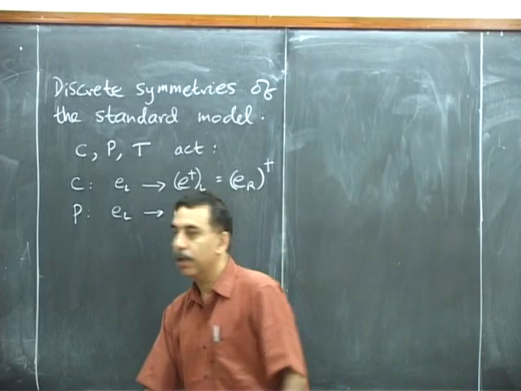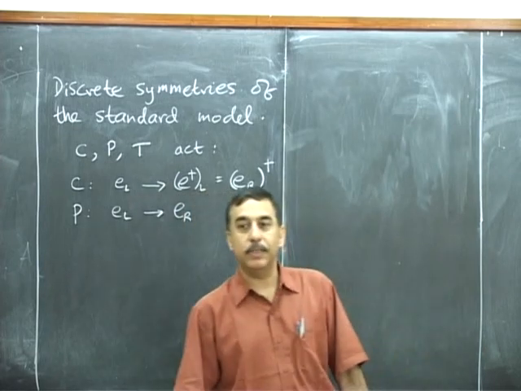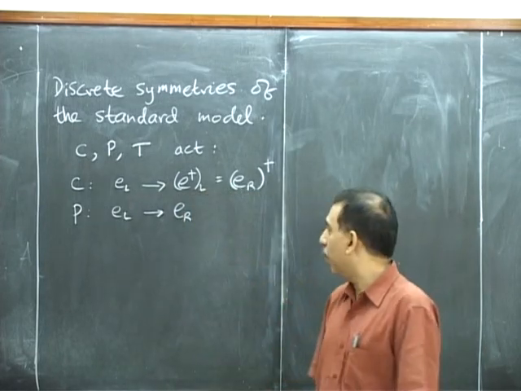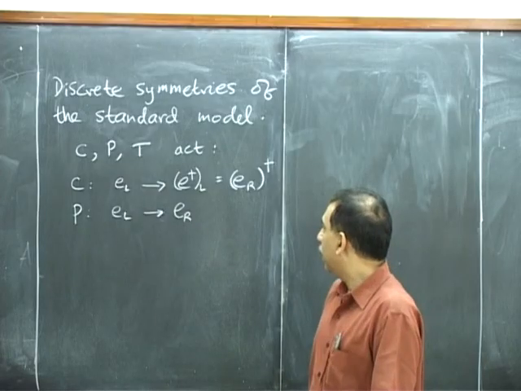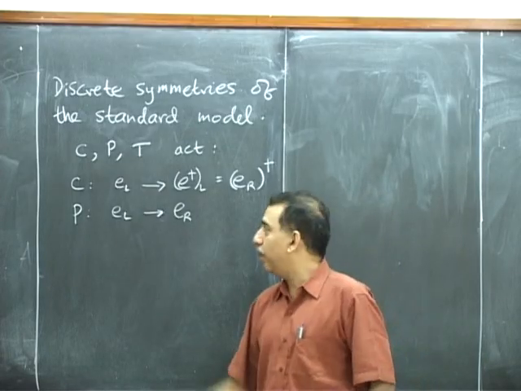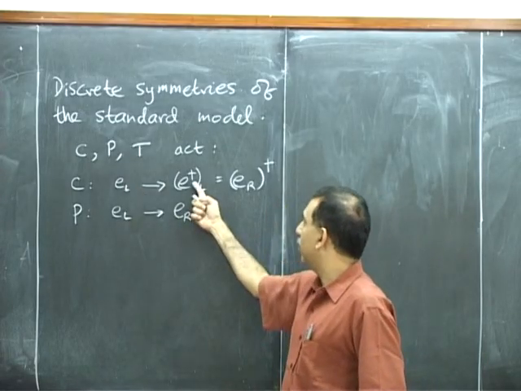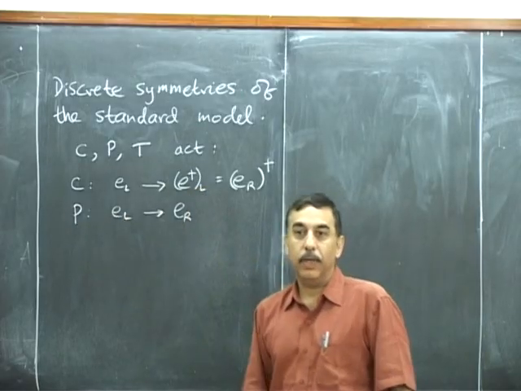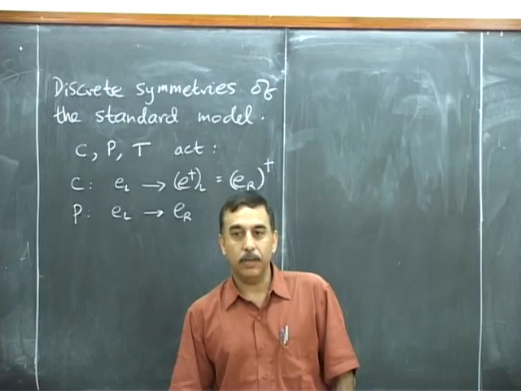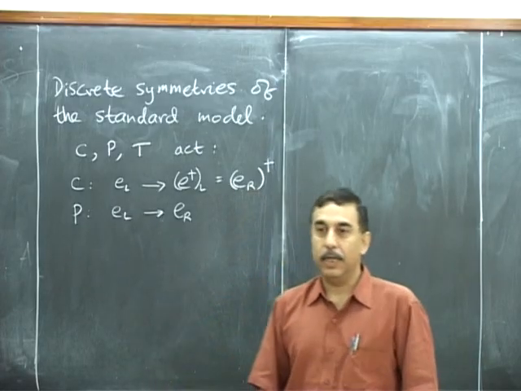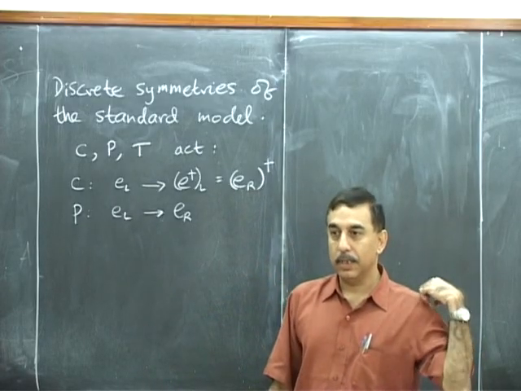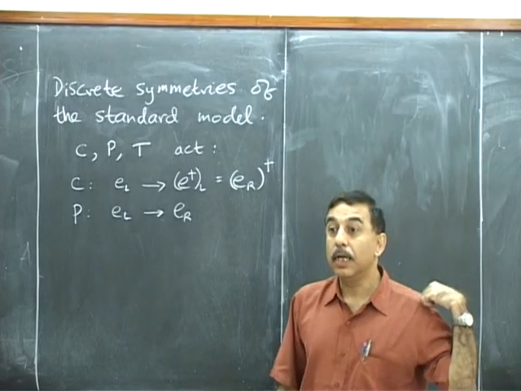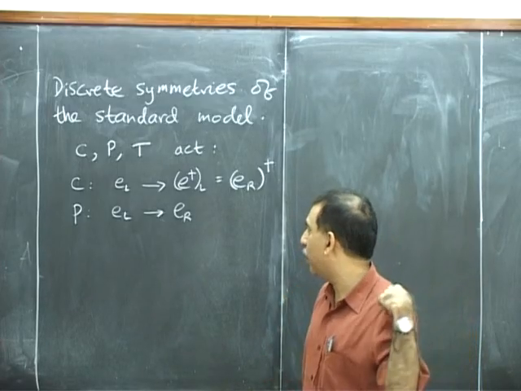Now it's immediately apparent whether C and P are preserved by the standard model. That would be true if the couplings of EL are the same as those of E dagger L and the couplings of EL are the same as the couplings of ER. So is that the case or not? It's not the case because SU2 has different quantum numbers.